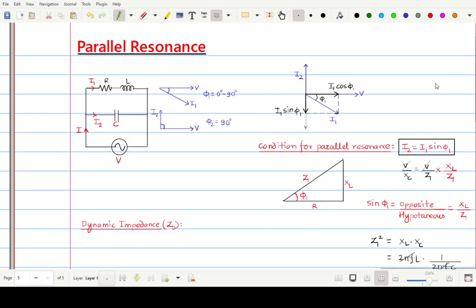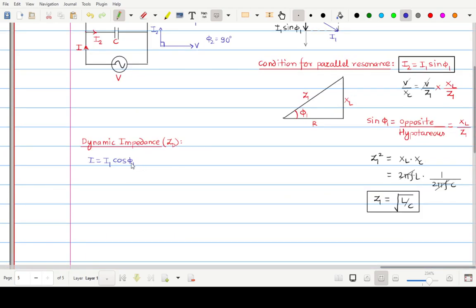From the phasor diagram, I2 is on the positive y-axis and I1 sin phi 1 is on the negative y-axis, so they cancel each other. The only current remaining in the circuit is I1 cos phi 1, which is the total current flowing through the circuit at resonance. Total current I is nothing but the cos component, because the sin component is cancelled by current I2.